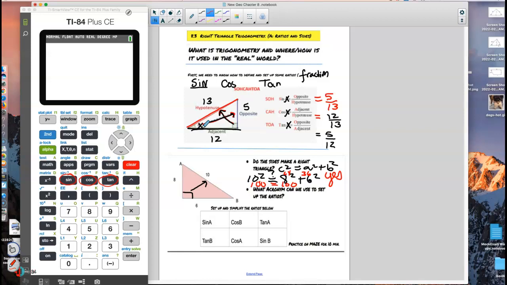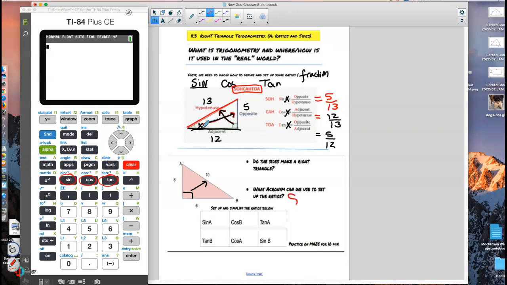It says, what acronym can we use to set up the ratios? We're going to use this guy right here. It's called SOHCAHTOA. If you ask any math student beyond geometry semester 2 what you use when you're doing trigonometry, they'd say, oh, that's SOHCAHTOA. It's just an acronym, letters that help you remember what to do.